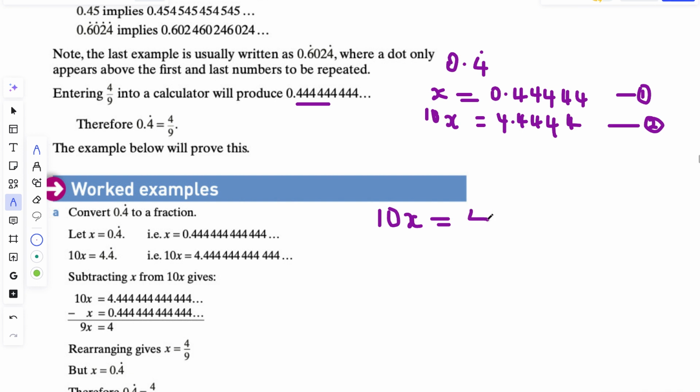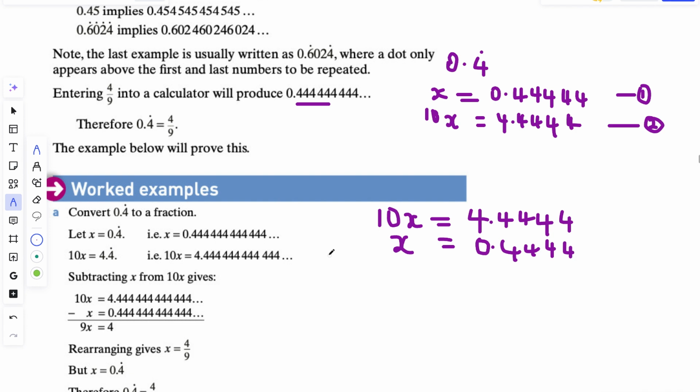You say 10x equals 4.444, as many times as you can write it. Then you call this one x equal to 0.44444.